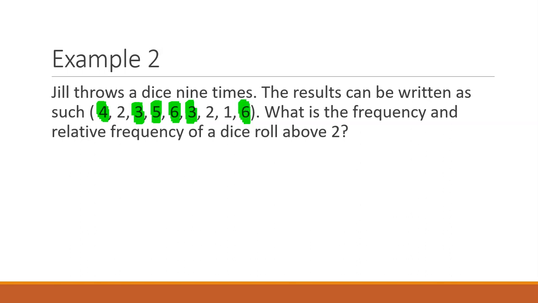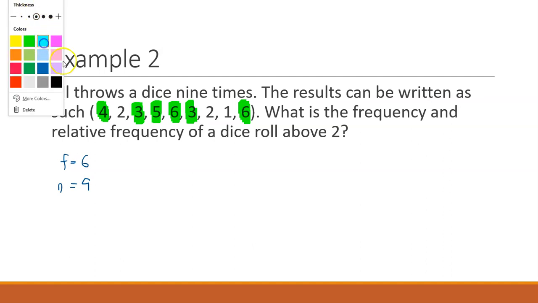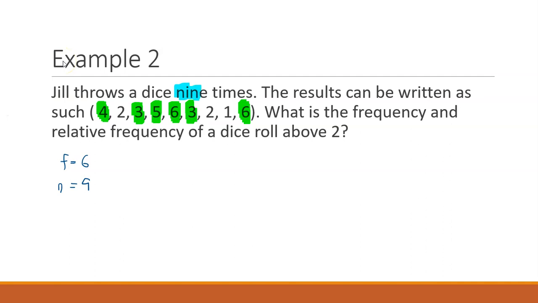So the frequency thus far of the dice landing on a number above 2 is 1, 2, 3, 4, 5, 6 times. And the experiment was run 1, 2, 3, 4, 5, 6, 7, 8, 9 times. Or simply here, Jill throws a dice 9 times. Now the question at hand is, what is the relative frequency?